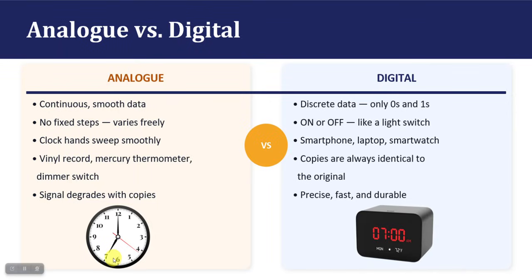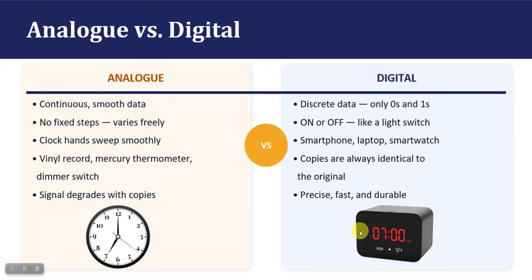Analog signals work the same way, continuous and smooth, like a vinyl record or a mercury thermometer. But there is a catch. When you copy an analog signal, it loses quality. Think of a cassette tape copied many times. It gets worse and worse.